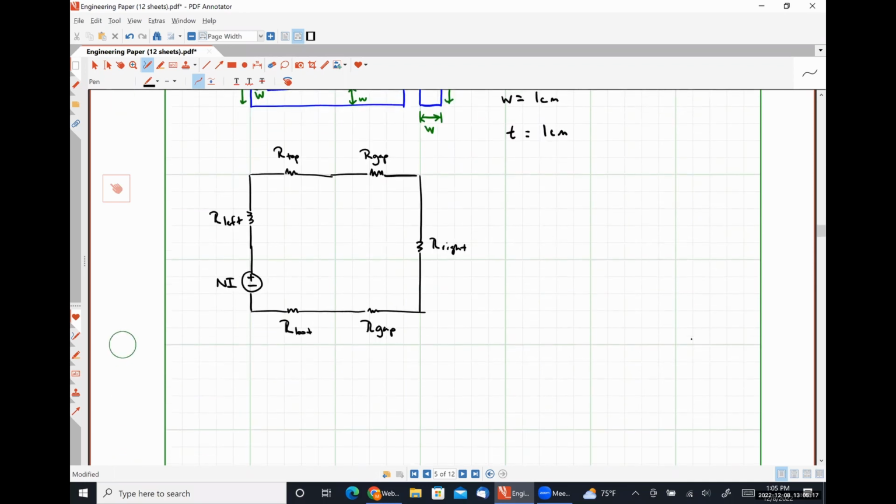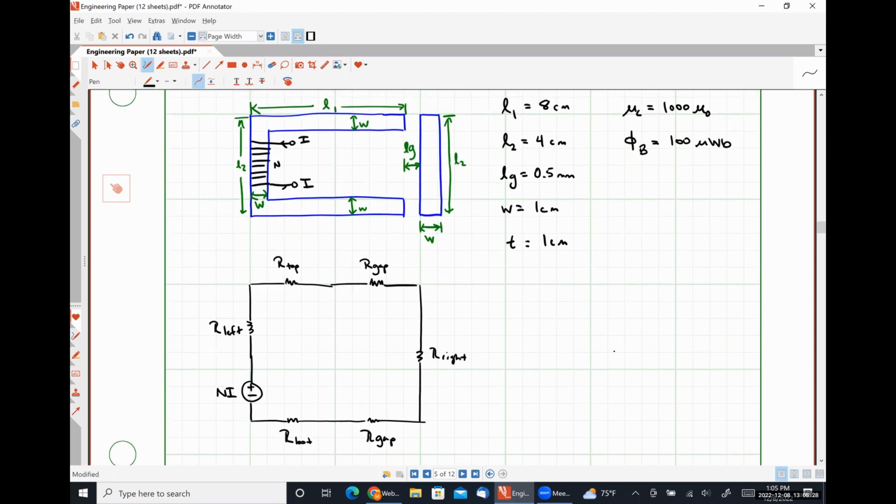So let's do the left one first, okay? So what is the length that my flux travels along that leftmost beam? L2 minus W, that's correct.